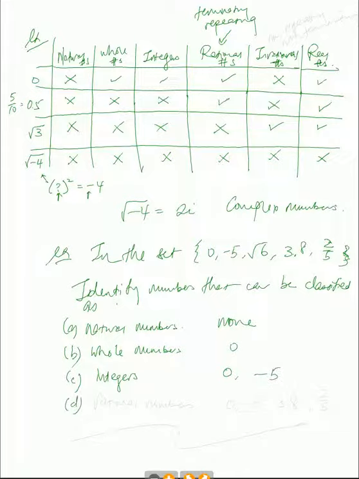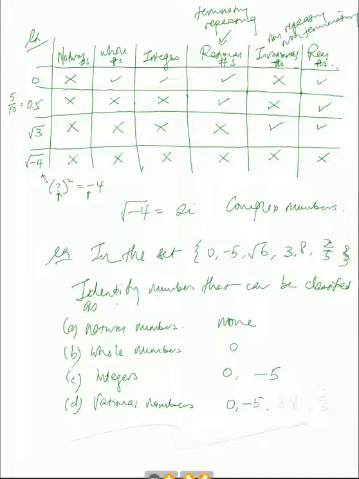Okay, who are rational numbers? 0, -5. √6, if you press the calculator, is a decimal that doesn't stop. So remember, irrational is non-repeating and non-terminating.